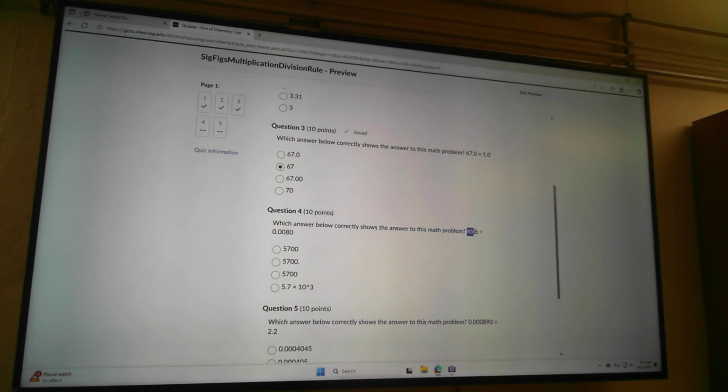How many significant figures is this? 45.6? Yes. How many is that? That's 3. How many down here? 2. Just those 2. So then would your answer be 1 in scientific notation? Or no?